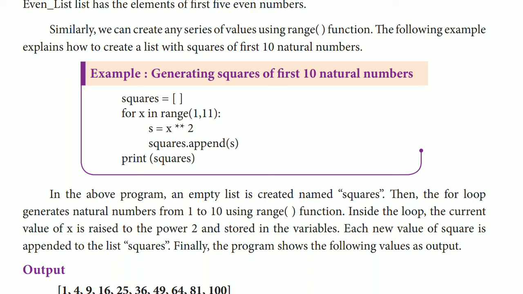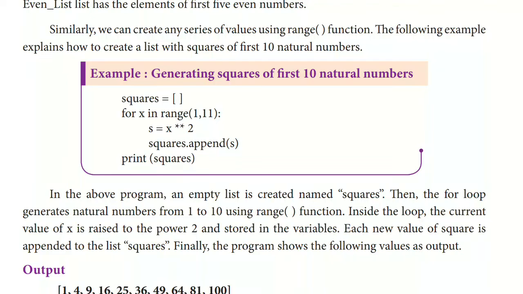Here, by mistake, they have given s as another variable. So s is equal to x double star 2, which means the square. So square means 2. If you want the cube, you can replace the value 2 and type the value 3.